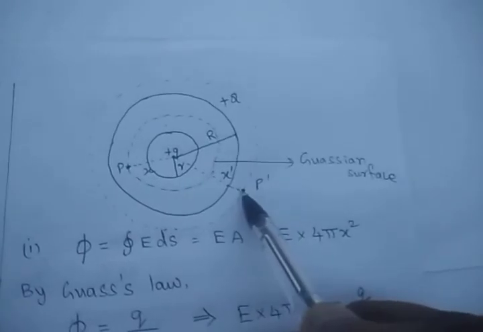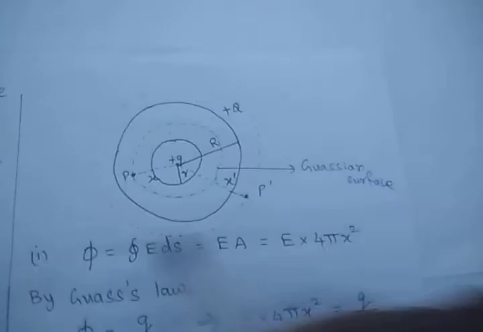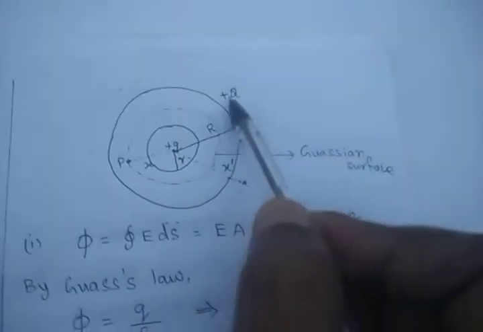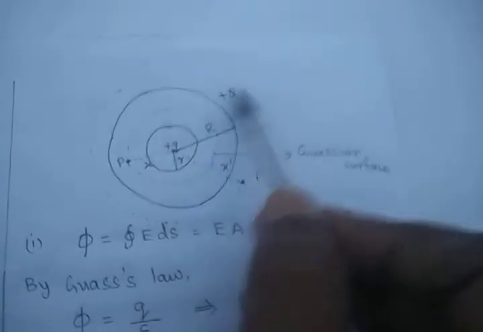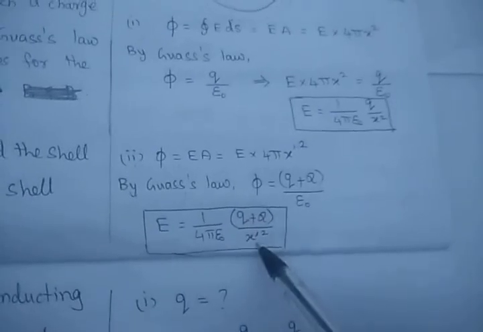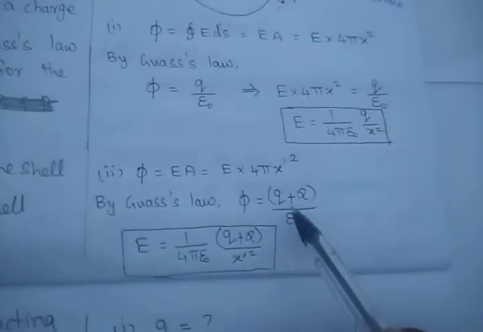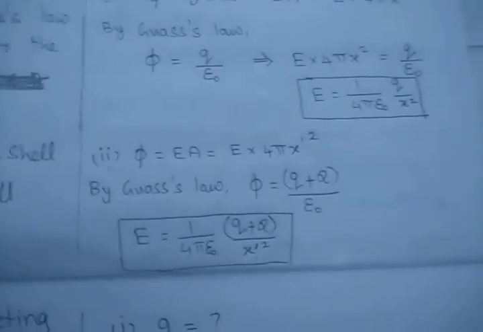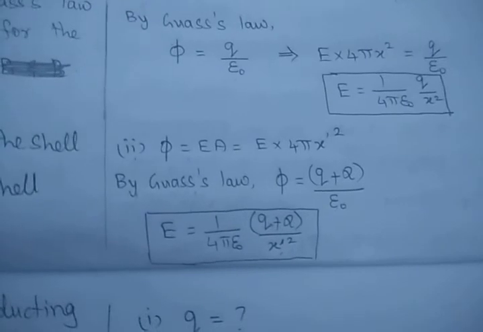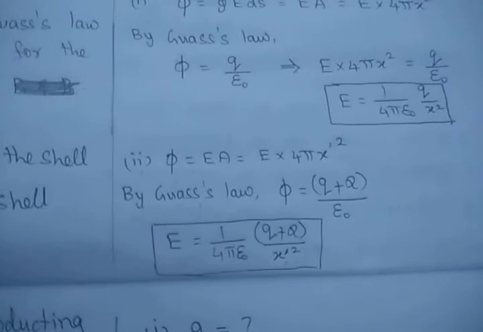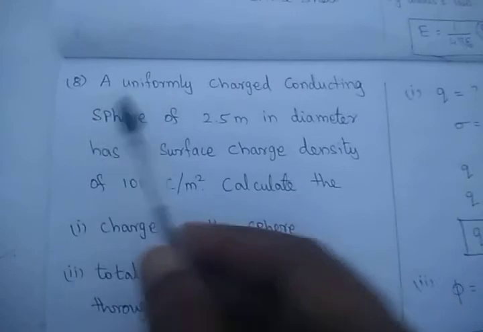For the second question, the Gaussian surface is outside the outer shell, so the total charge inside this Gaussian surface is this plus q and this plus capital Q. Hence the total charge is q plus capital Q. Comparing these two equations, we get the last equation: E is equal to 1 by 4 pi epsilon naught into q plus capital Q by x prime squared. It is a very easy, conceptual question. Keep it in your mind. Dear students, now you see the next question.